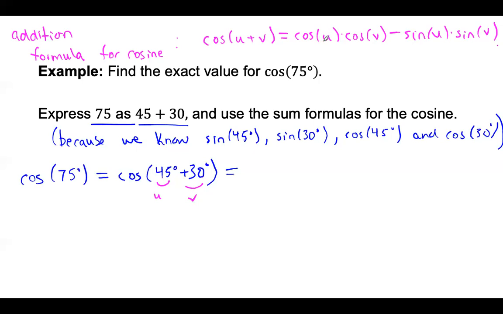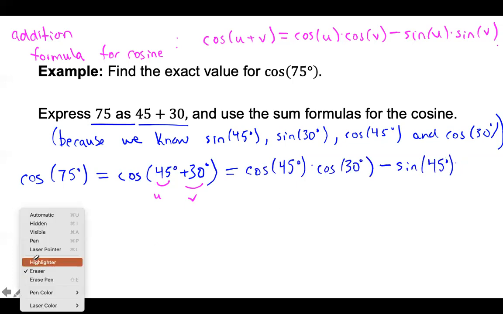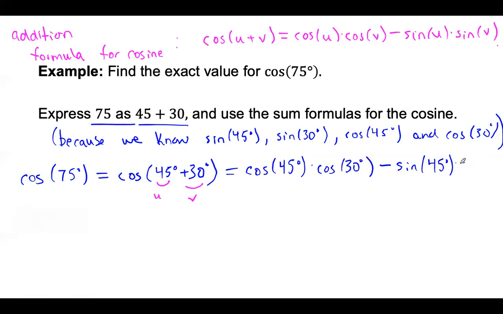So cos of u, where u is 45, times cos of v, minus sine of u, where u is 45, times sine of v, where v is 30.